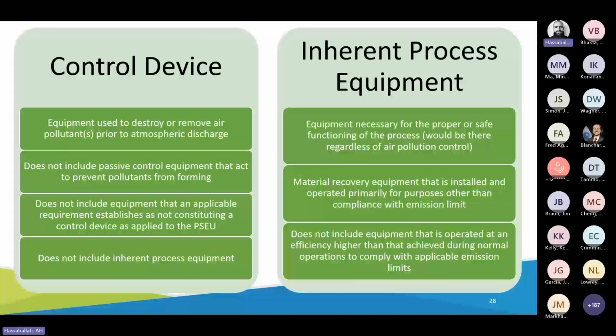Sometimes its purpose is material recovery or segregating product on a particular size distribution, and this makes it inherent to the process function. Other times, they would be added as additional equipment installed to directly control air pollutants before they are released to the atmosphere, and therefore they ensure compliance with a particular air pollution regulation.